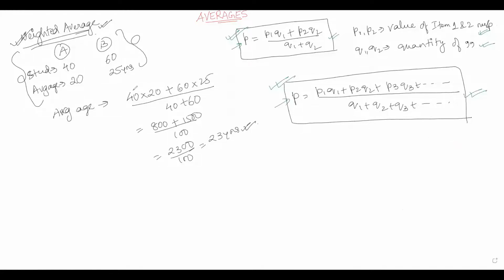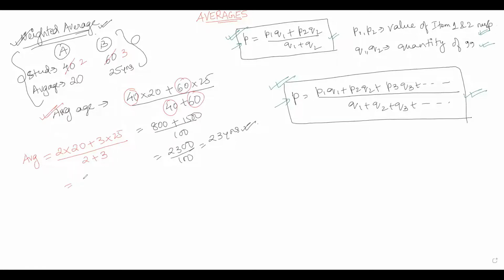Also, instead of taking the actual quantities 40 and 60, if I take the ratio of 40 and 60, I'll be getting the same weighted average. So let us take the ratio and see whether we are getting the same weighted average or not. So the ratio of 40 and 60 would be 2 and 3. So now let us try to find the weighted average simply by taking the ratio. So this would be 2 times 20 plus 3 times 25 upon 2 plus 3.